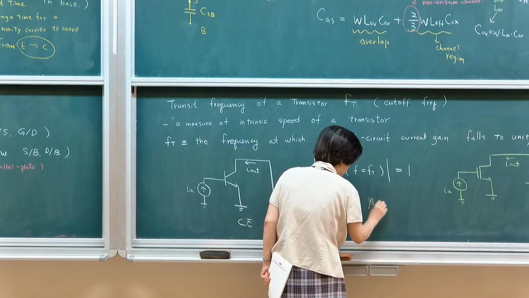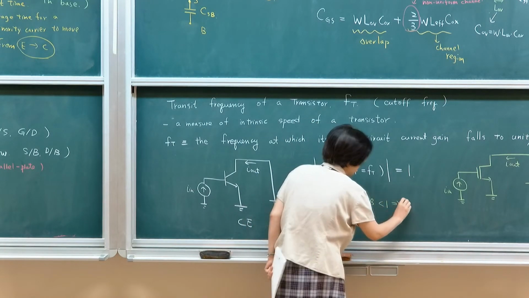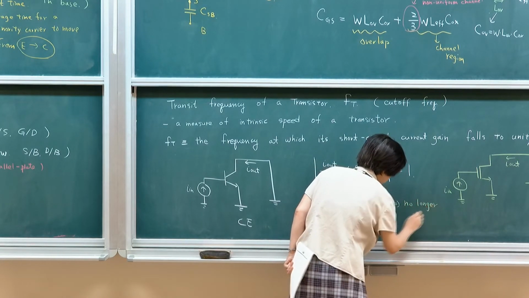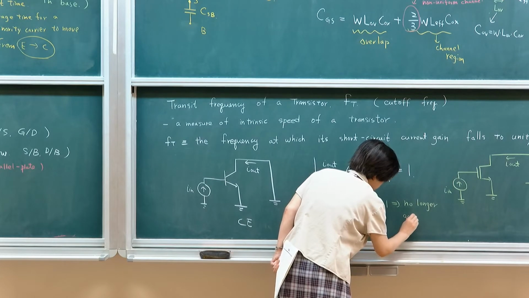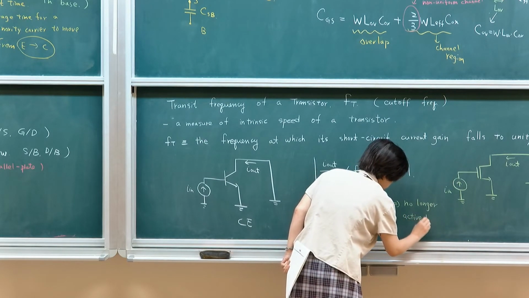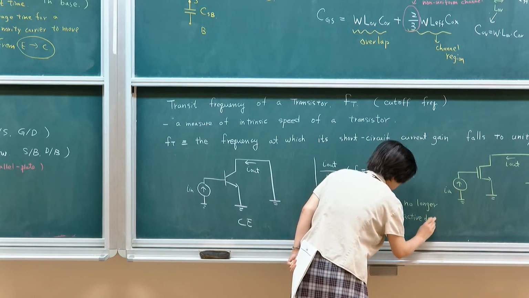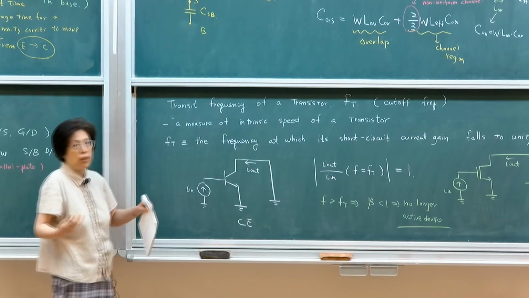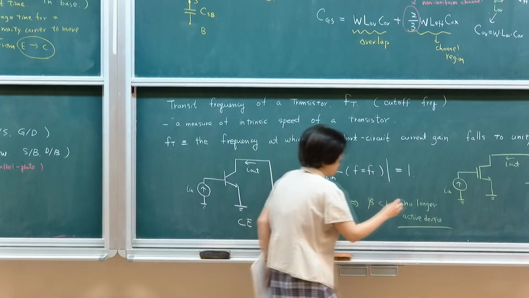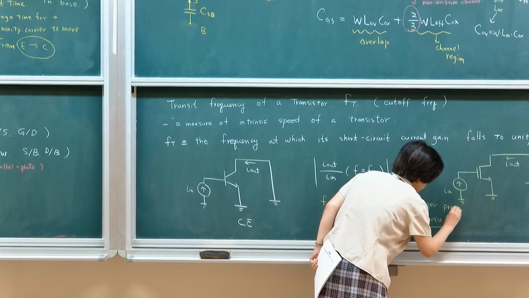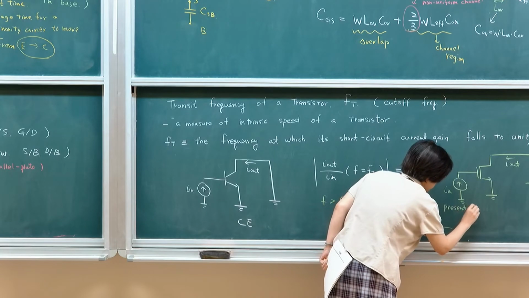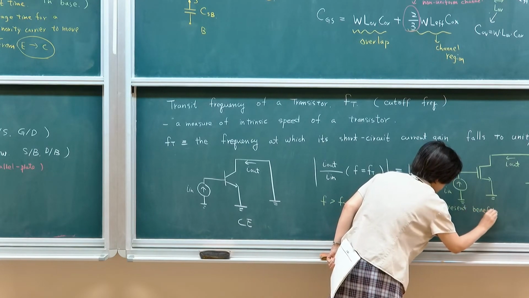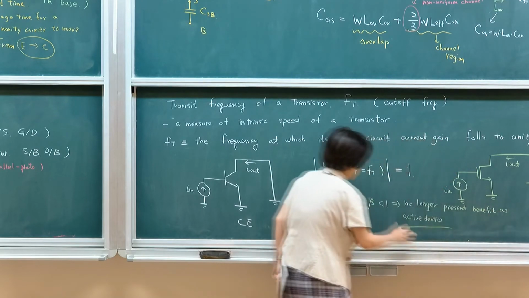For beta smaller than 1, it's no longer an active device. For an active device, it needs to provide gain. So it no longer presents benefit, just to be precise.